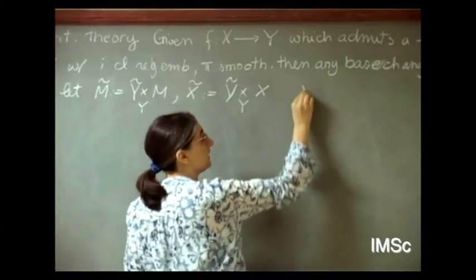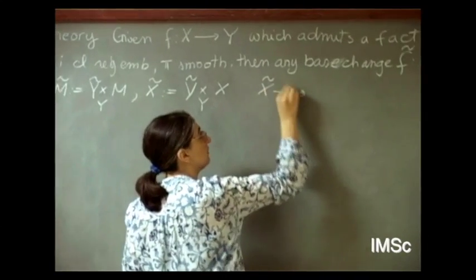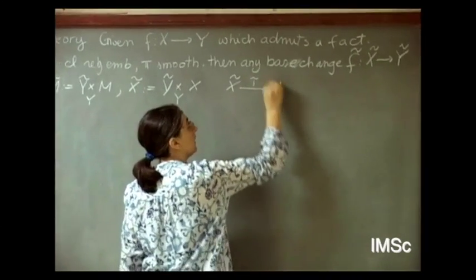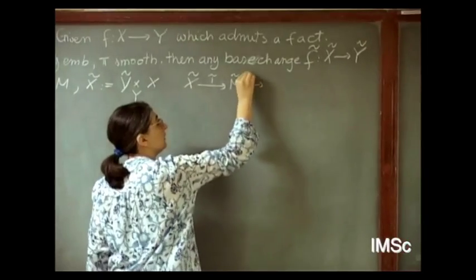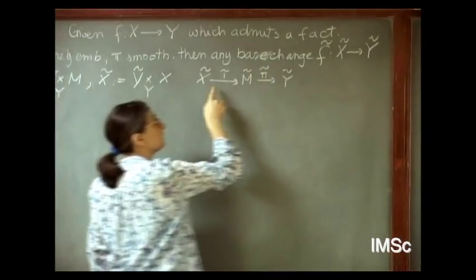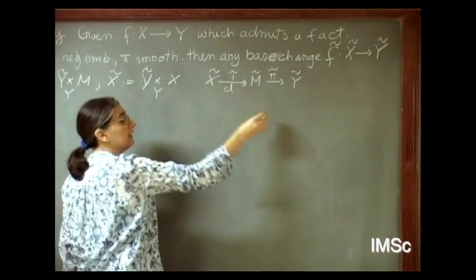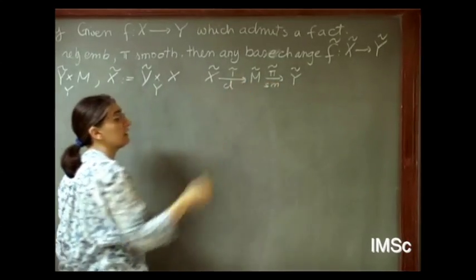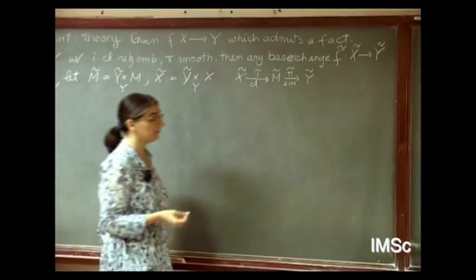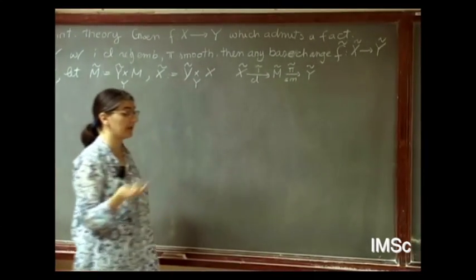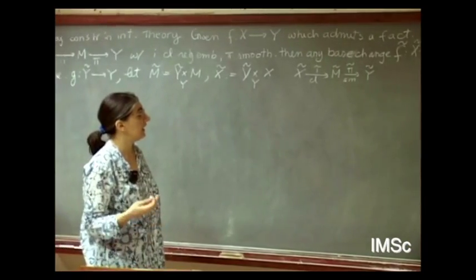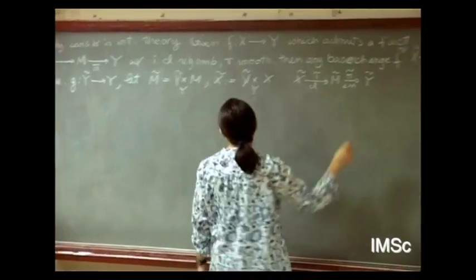And this defines for me again a factorization, but now this is still a closed embedding, this is still smooth, but this in general will not be regular. And if it's regular, it may be regular of a different relative dimension.